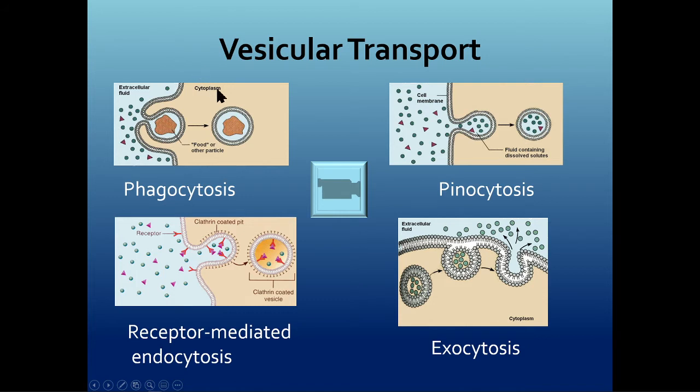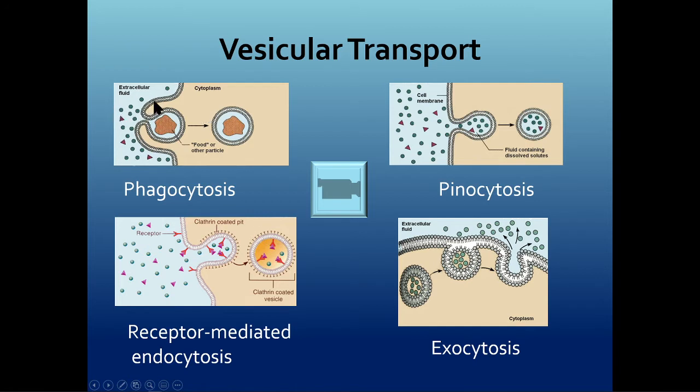And there's a couple different types, well, 4 different types on here. The first two we're going to look at are called phagocytosis and pinocytosis. Both of these are taking molecules into the cell, so things are going from the extracellular fluid into the intracellular fluid.